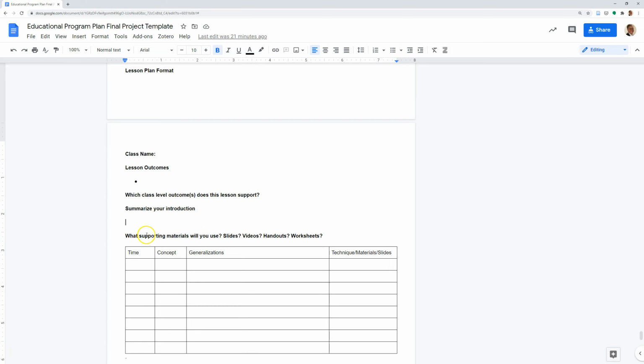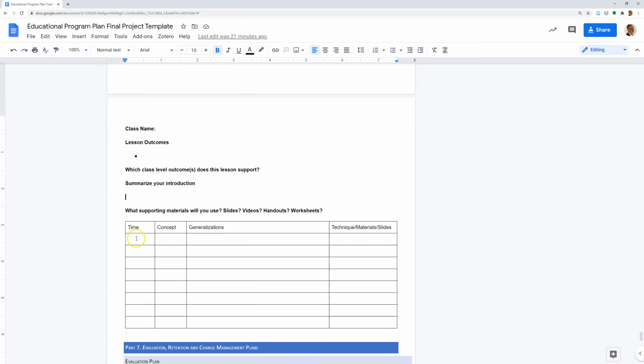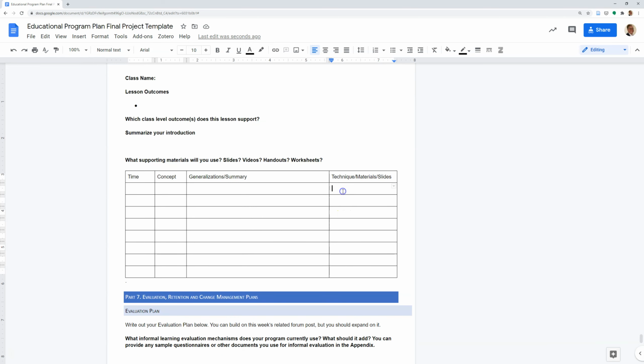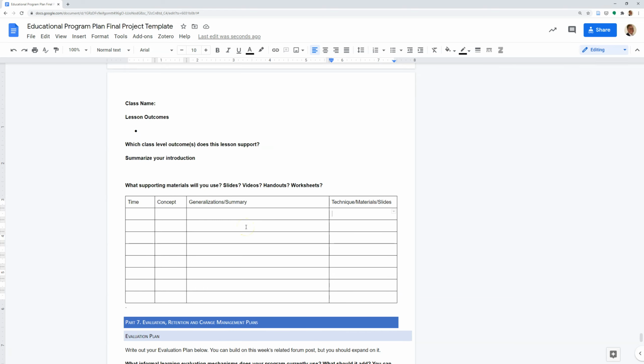You want to warm up the students, and then this is the schedule of what you plan to cover. First 2 minutes, you're going to cover this concept. Here's going to be the basic idea. This is the generalization or summary. And then if you have any techniques or materials or slides, part of this might be discussion. You'd have classroom discussion. Or you might start with discussion and then go into some slides. So that's what this week's about.